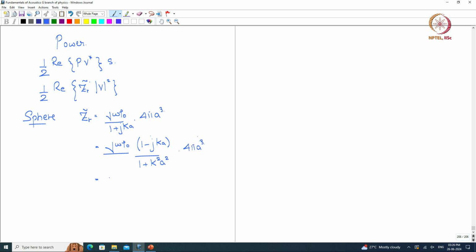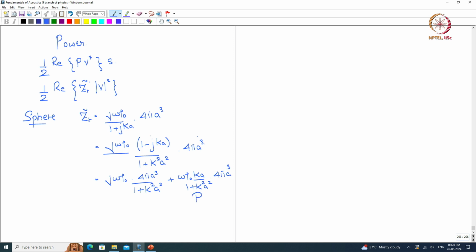That gives me j omega rho 0 4 pi a cube by 1 plus k square a square plus omega rho 0 k a by 1 plus k square a square into 4 pi a cube.